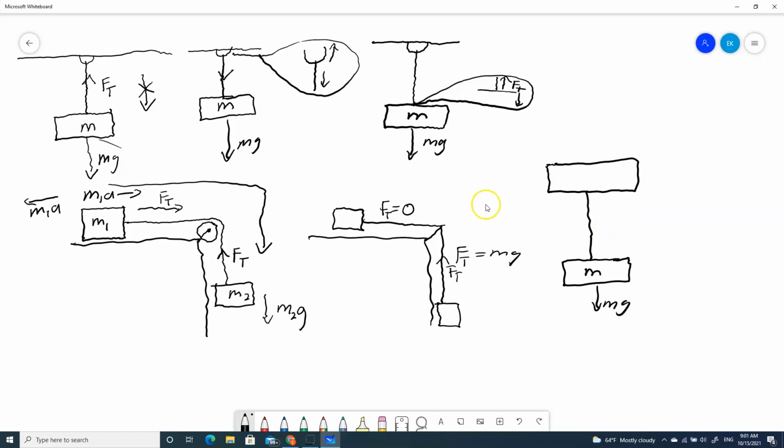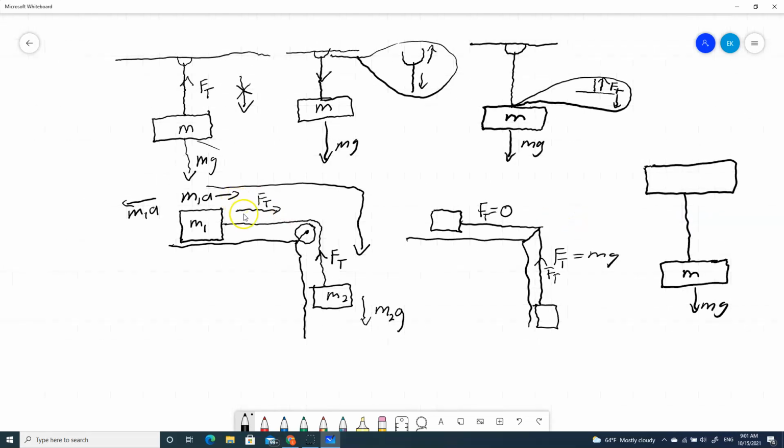And we could clearly see it in this case, where to get this M1 moving, the force of tension has to pull it in a certain direction, otherwise M1 would not be moving. So the force of tension in the rope has to pull it one way, and in this case the force of tension actually pulls this M2 upwards, but not enough, because M2 is still accelerating downwards, but it's accelerating slower.